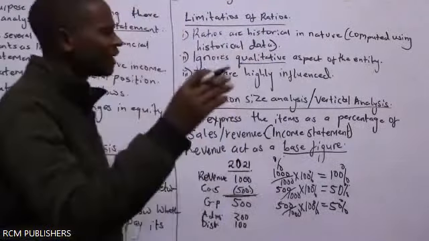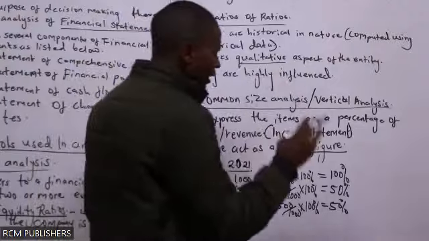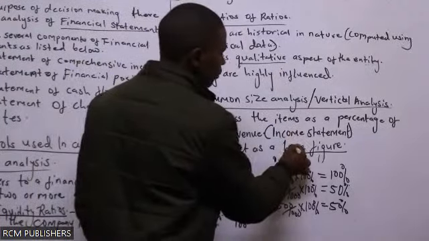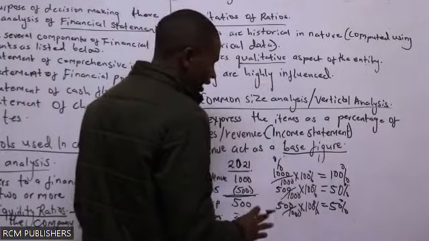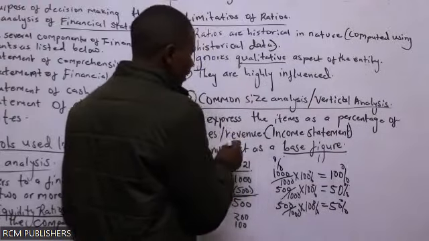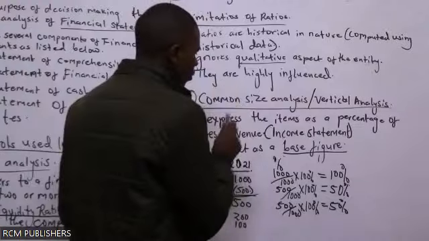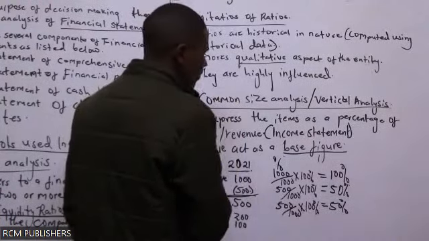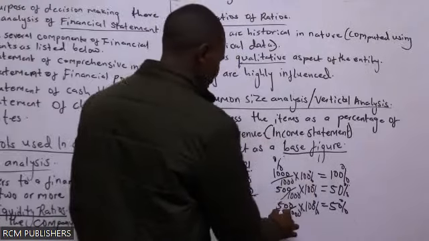Yes, total asset will be our common factor. Can you write somewhere down here, maybe below this, that under the balance sheet, the common or base figure is total asset. Just write in your own words.